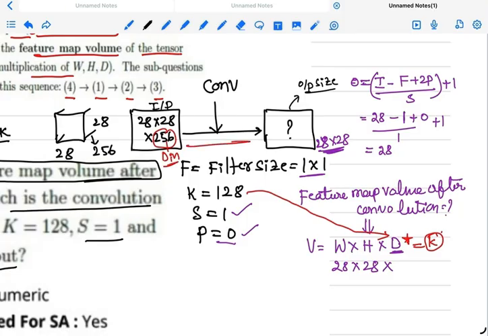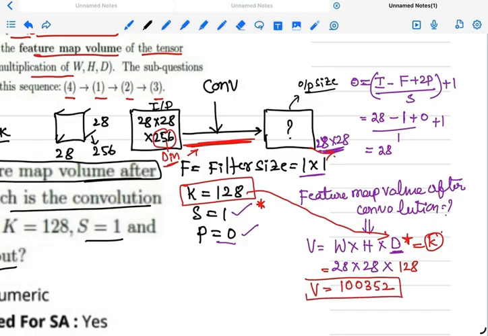The input depth is only for this layer. After the convolution, the output depth D equals 128 filters. So remember, after a convolution layer, the number of filters is the depth of the image. The answer is 100352, the feature map volume of the output after convolution.